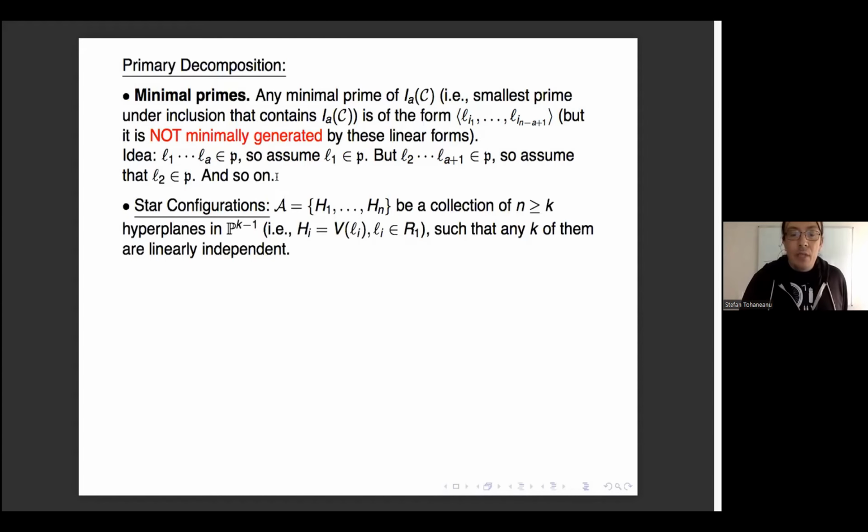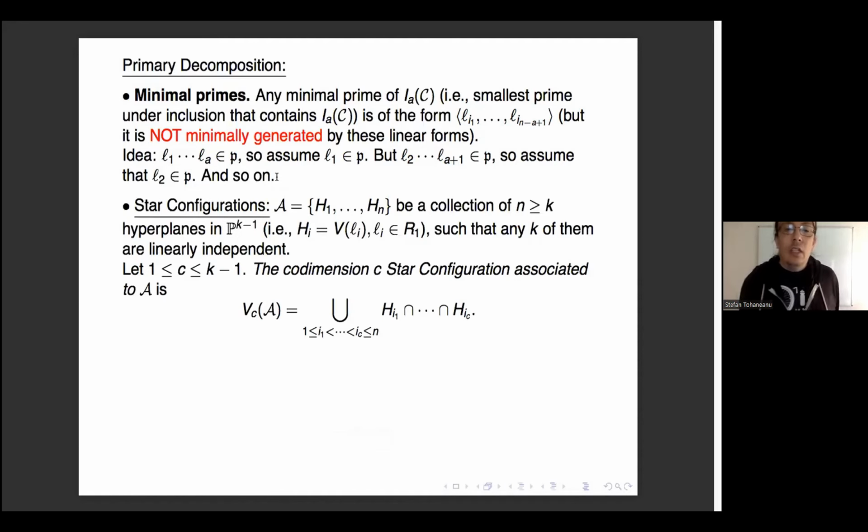So we start with a hyperplane arrangement, and we assume that it's generic. That means any k of the defining linear forms are linearly independent. This is a very special type of hyperplane arrangement.